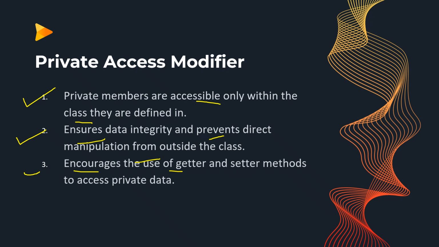If you want to access private attributes outside the class, you can use a getter method and a setter method. The getter will get the data of that attribute and the setter will change its value. These methods should be public, and they can be used to access the private data.